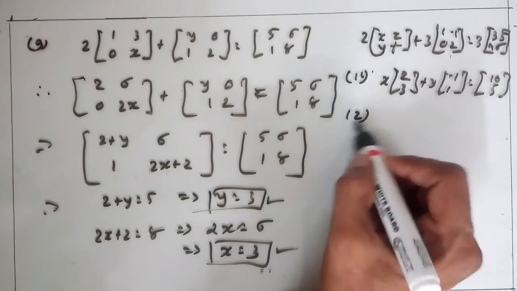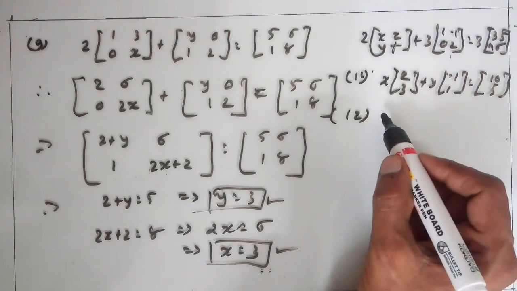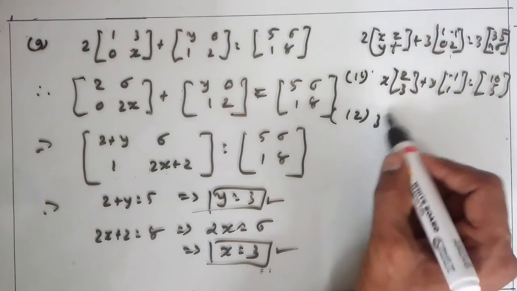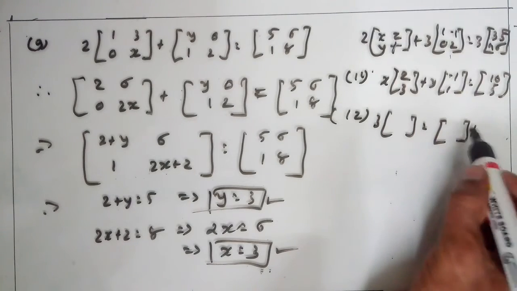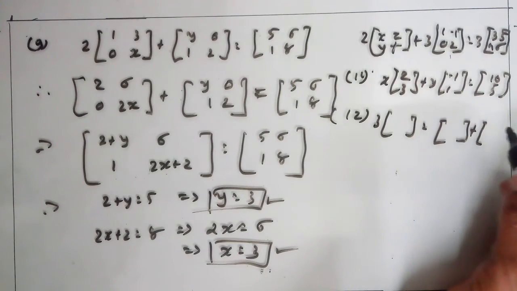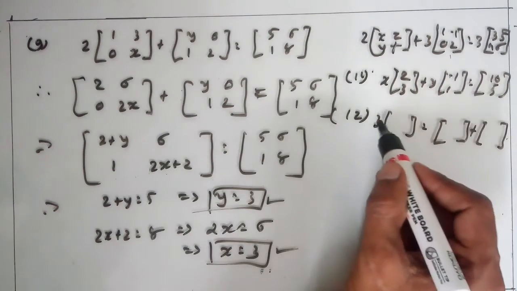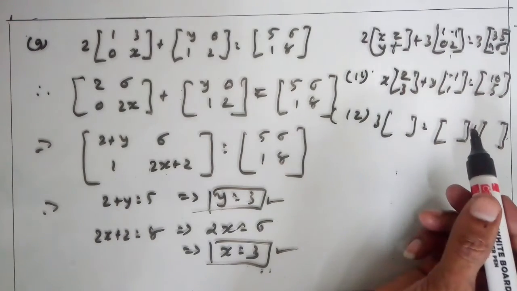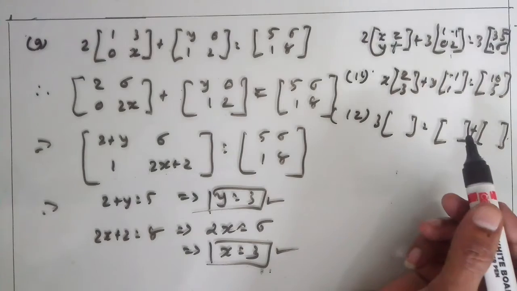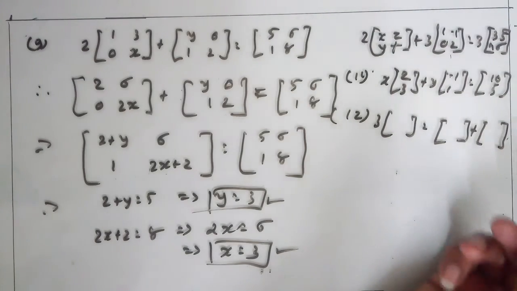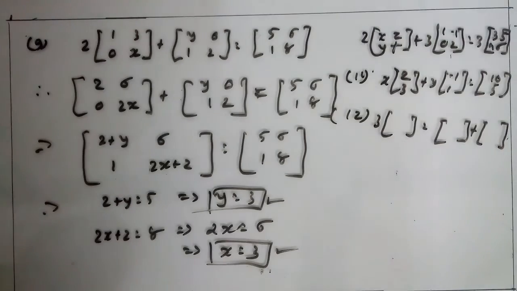Now in Q12, given the same question, 3 into a matrix is equal to a matrix plus a second matrix. First we take the addition of these two matrices, take 3 inside and compare corresponding entries. We get the values of x, y, z. Clear?